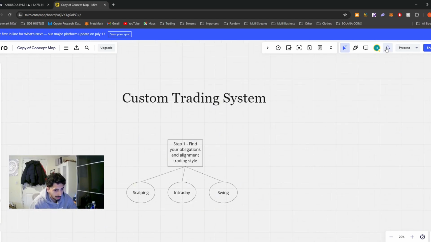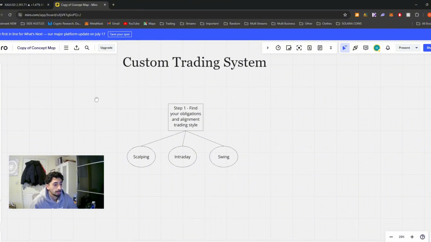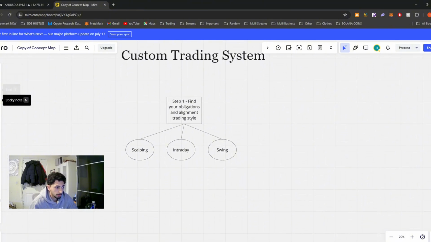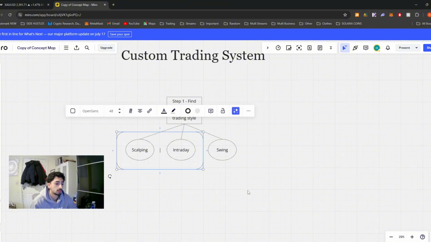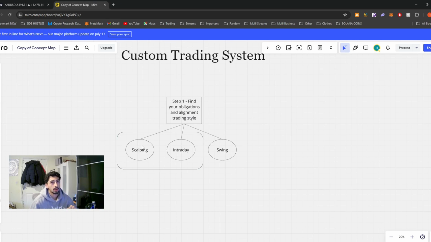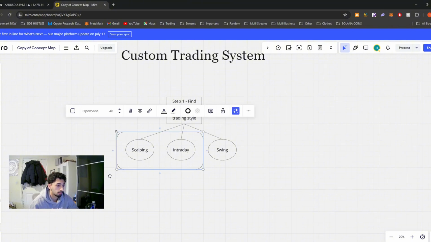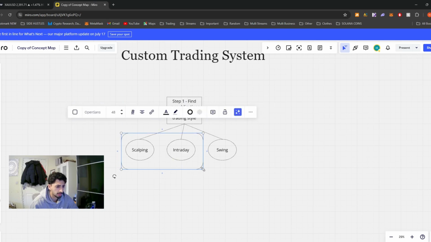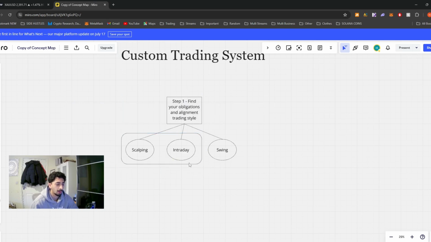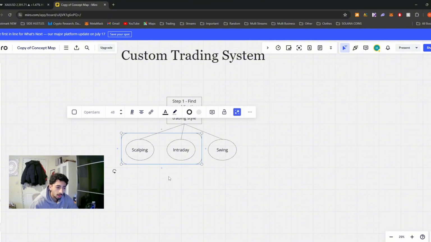Now, if you have a lot of time, then one of these two would be more your style, okay? Because scalping requires you to be on the chart a bit more, focused on how the candles are closing and how they're moving and things like that, right? In your time frame, you still don't have to be on the chart for like 8 hours or anything, but you've got to be more focused.